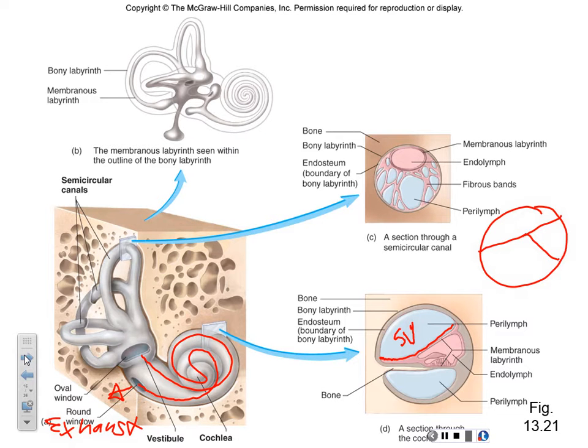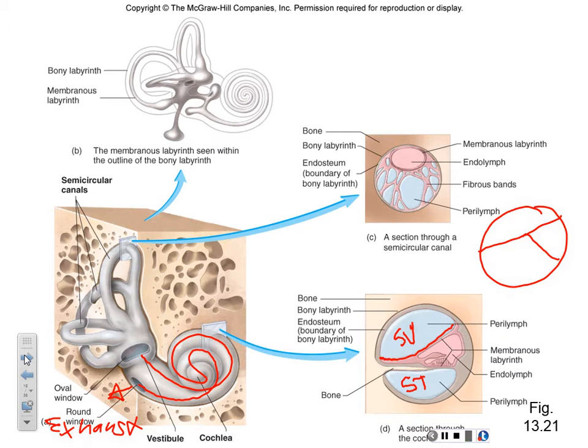This is the organ of Corti, the kind of hair cell involved in hearing. And then this is the scala tympani, where the round window exhausts the sound waves.